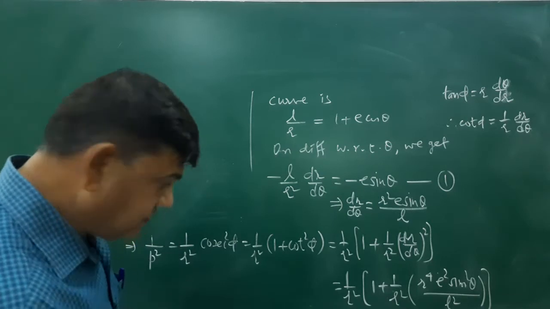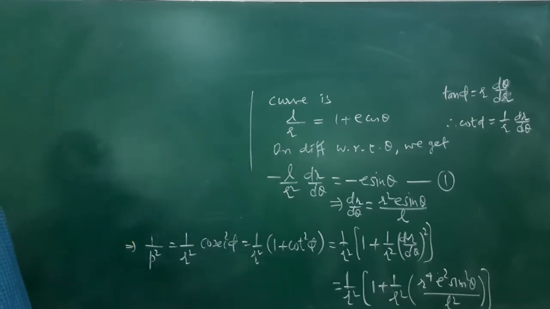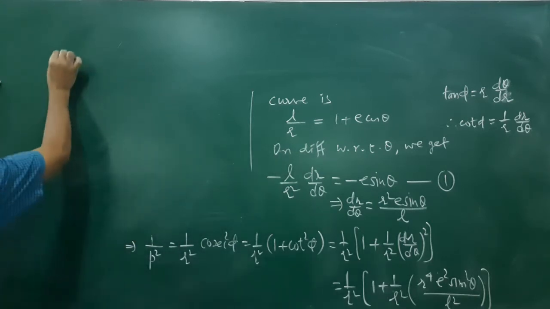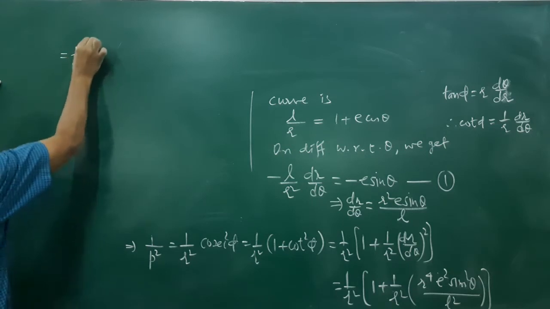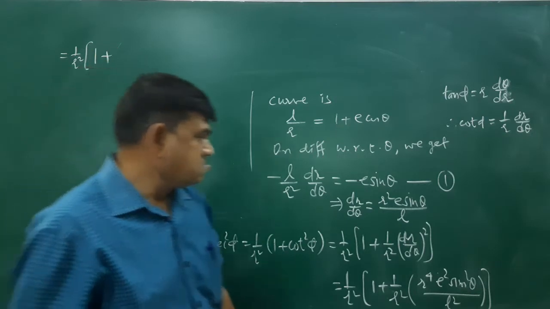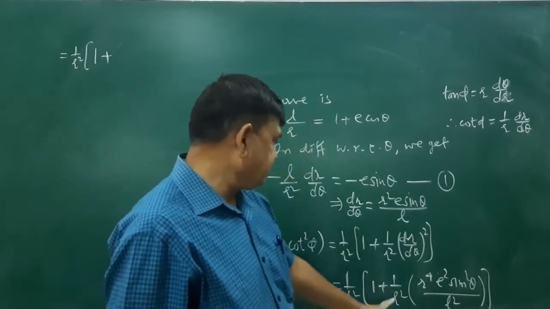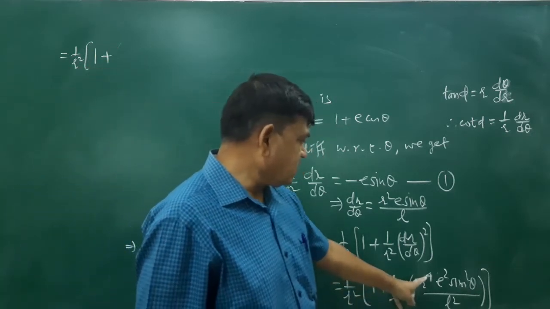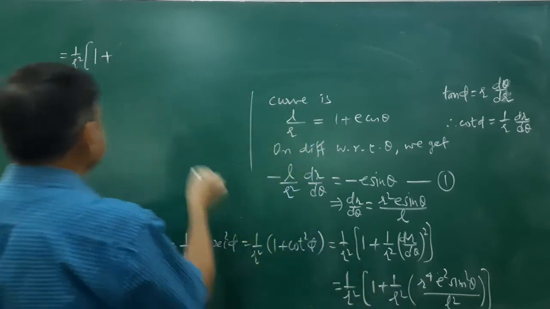Okay, so let us continue. 1 upon r square, 1 plus, from here r square and this r to the power 4, so it is r square.